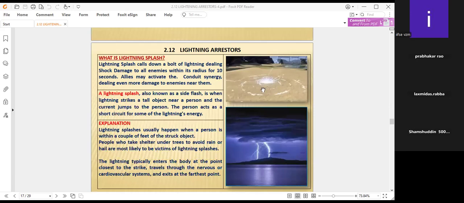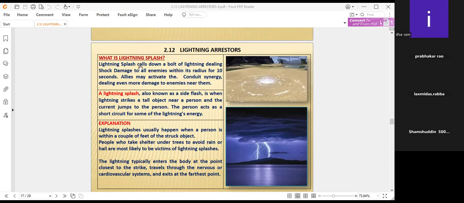Now coming to the actual syllabus: what is a lightning flash? This is the flash before it reaches the ground, or when it reaches the ground. Suppose the earthing is not there, in the forest area and places like that. The flash-covered radius is also very important.